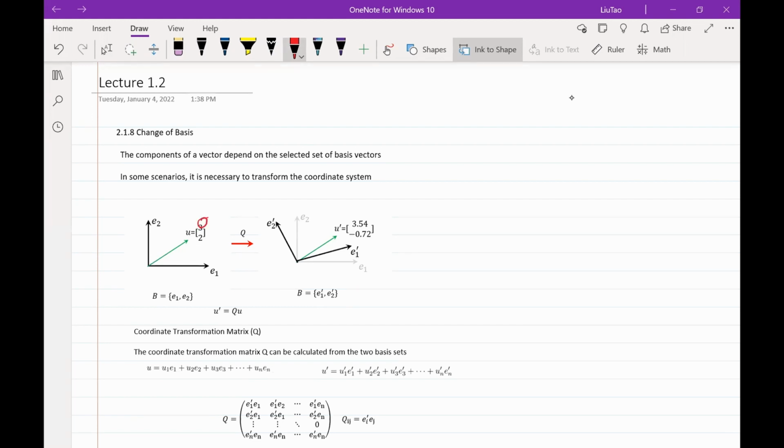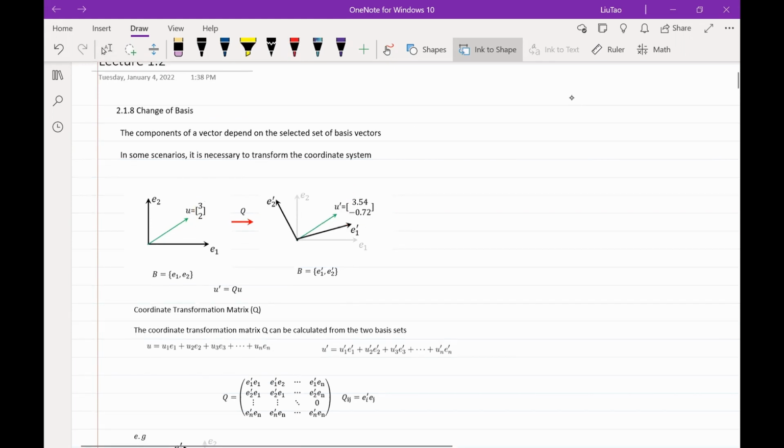If we denote this green vector as U in the first basis set, and U prime in the second basis set, then U is equal to (3, 2), and U prime is equal to (3.54, -0.72). So they have different components.